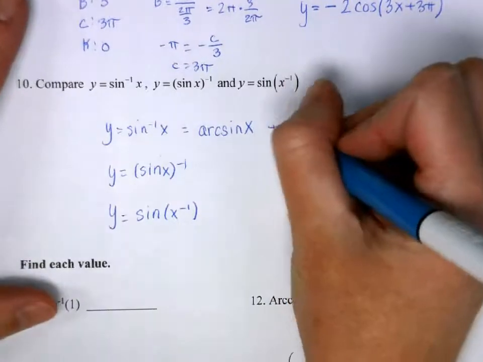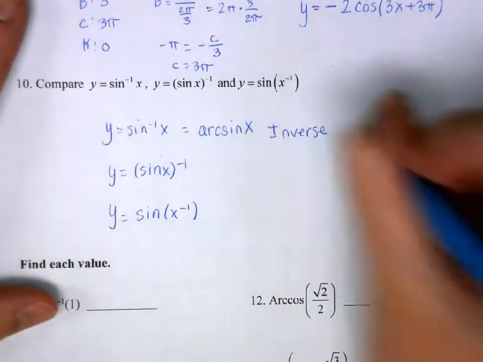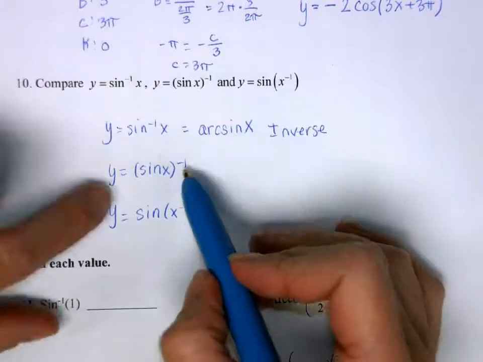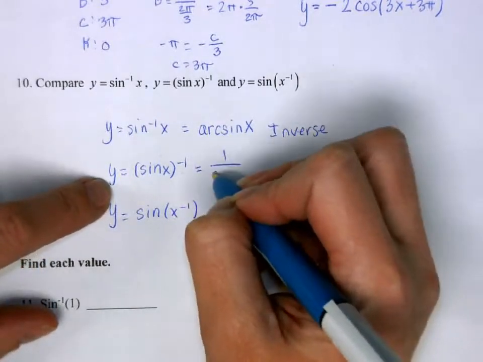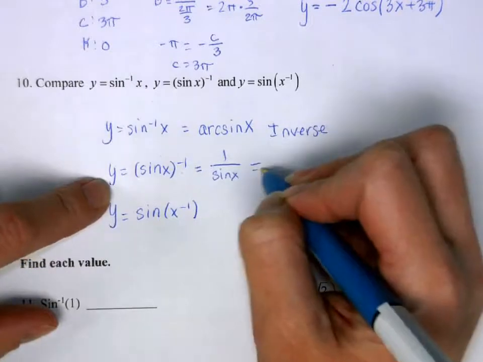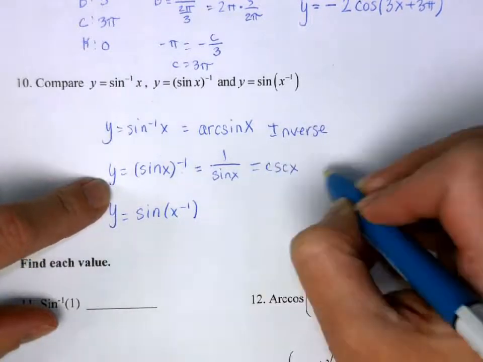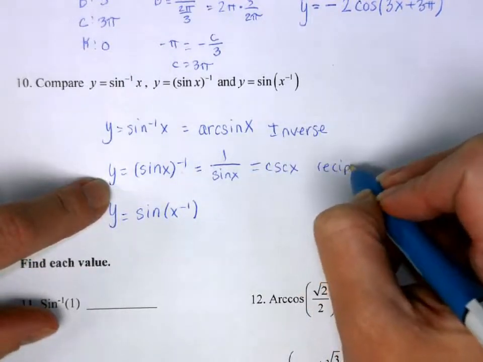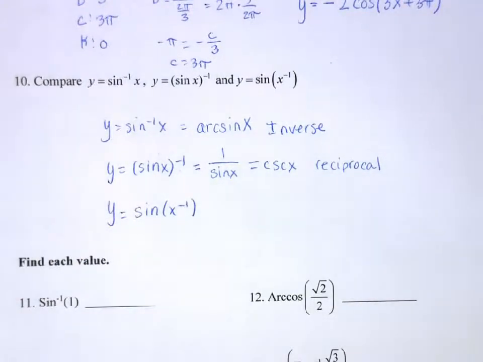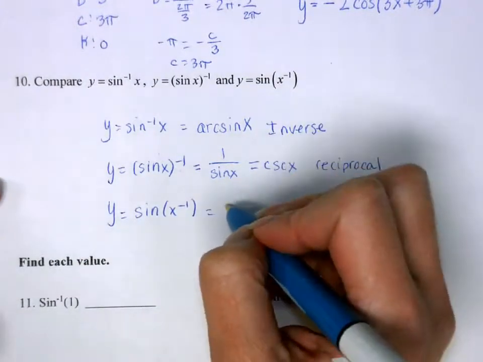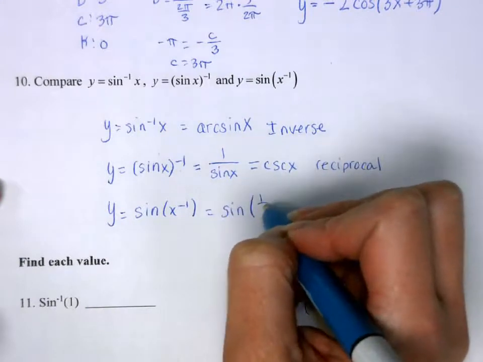Sine to the negative 1, if it's on the outside, that is going to be the power. So that is going to be 1 over sine of x, which is equal to cosecant of x, or the reciprocal. Sine of x to the negative 1 is the same as sine of 1 over x. So these three things are very different equations.